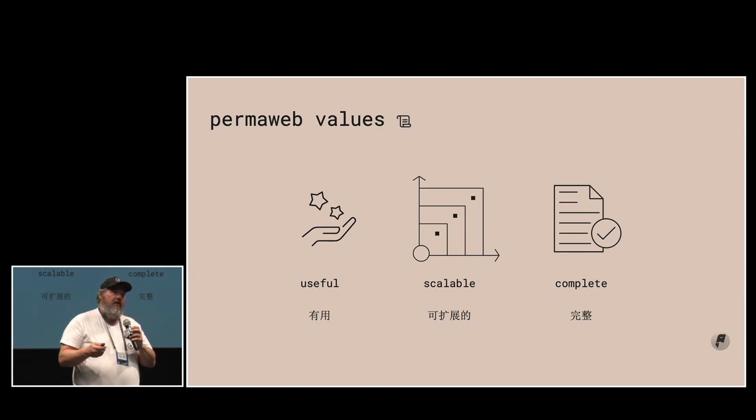Because unlike the legacy web, where an app may work today, but may not work tomorrow, what we have to build is applications that will work today and work 200 years in the future. So we really want to focus our mindset as builders to build complete applications that will work now and in the future.